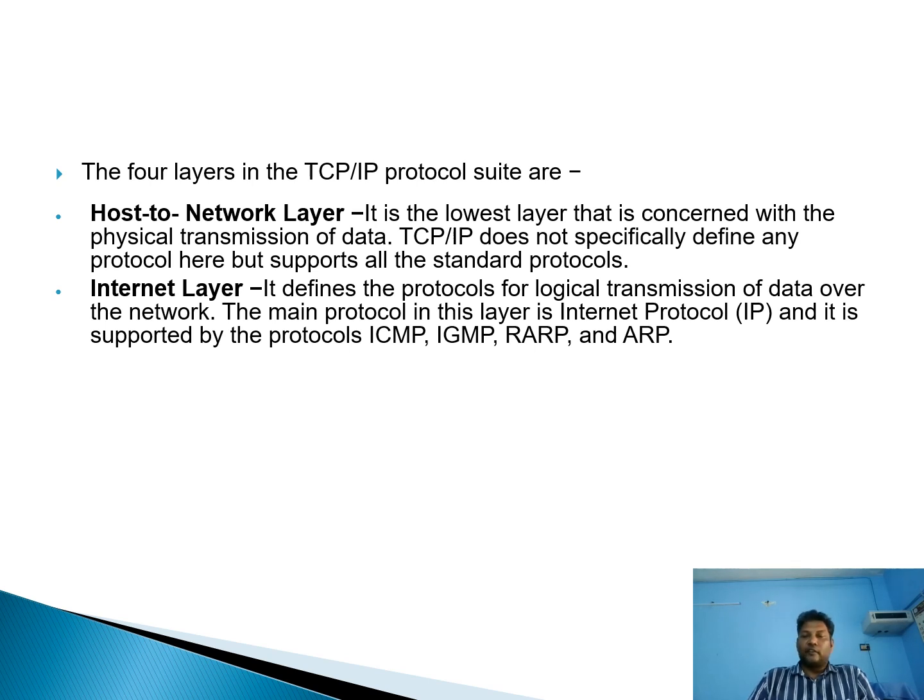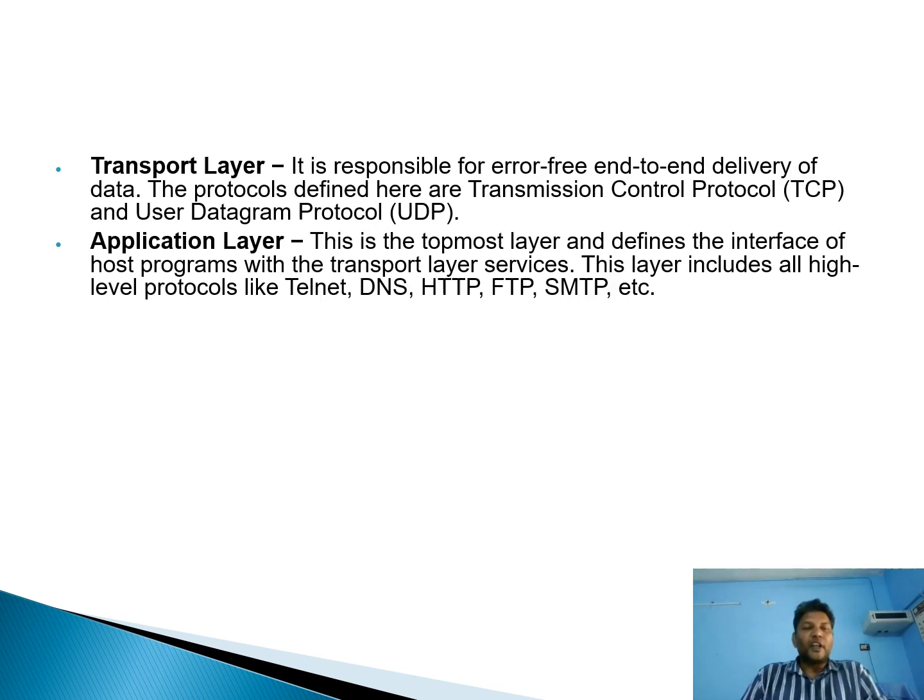Then the third layer is the transport layer. It is responsible for error-free end-to-end delivery of data. The protocols defined here are Transmission Control Protocol and User Datagram Protocol. The final layer is the application layer.